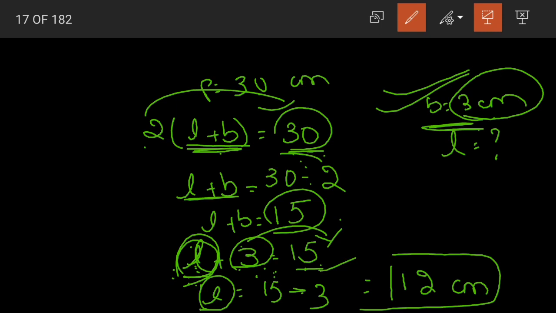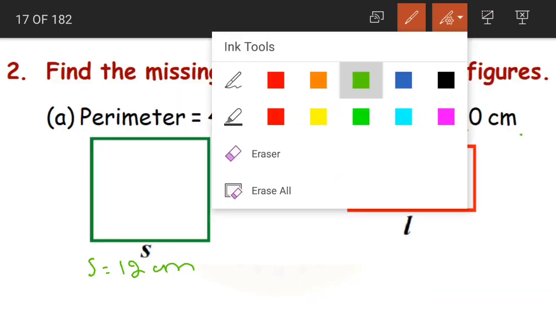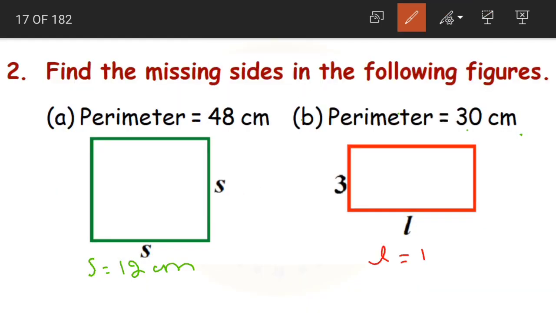So how to find out the missing addend? L is equal to sum minus the given addend, 15 minus 3. So L is equal to 12 centimeters. It is the length of the given rectangle. We are finding out the missing numbers here. Yes, in question A we found out the length of the side, that is 12 centimeters.